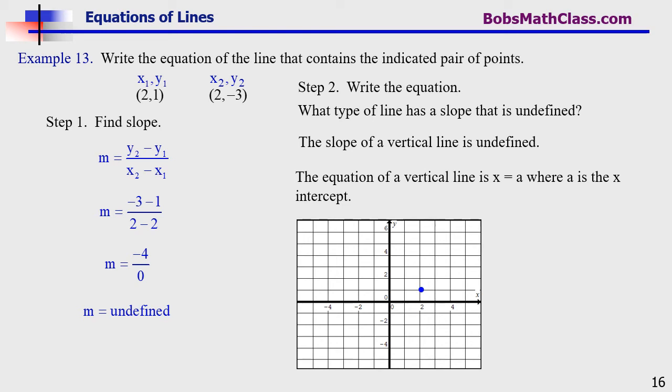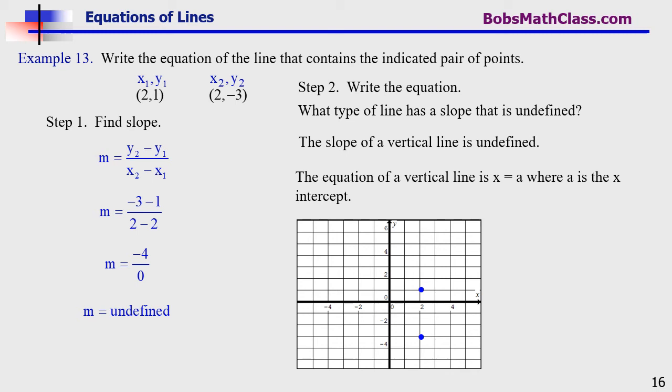So here's one of the points, (2, 1). Now you don't have to graph it, but it'll kind of help out, I think. There's the first point, right? Go over 2 and then up 1. Yeah, that's it. Let's graph the second point. Over 2 and then down 3.